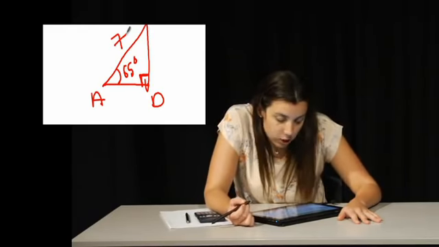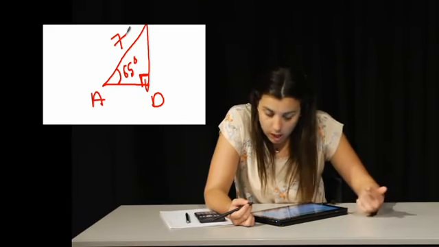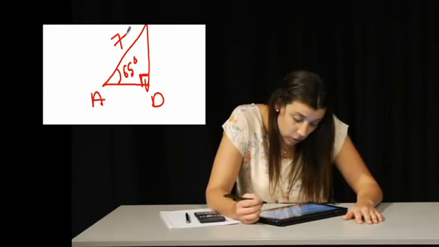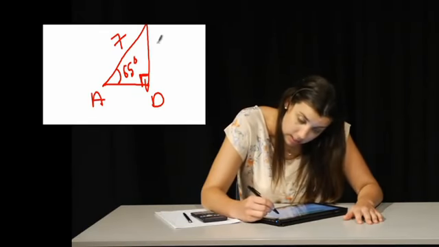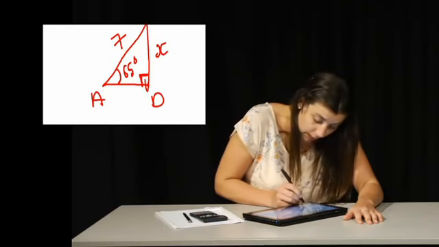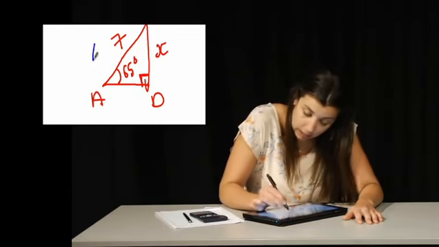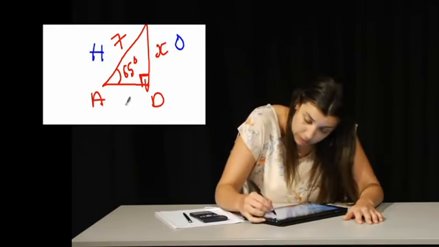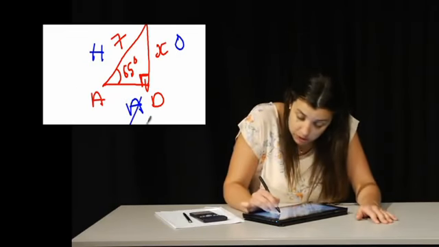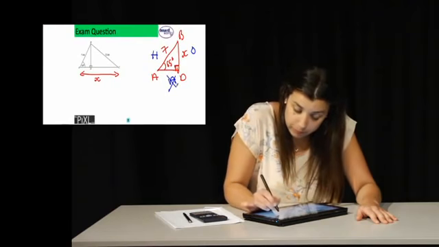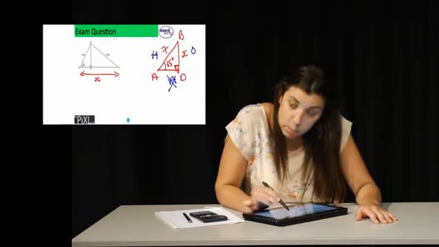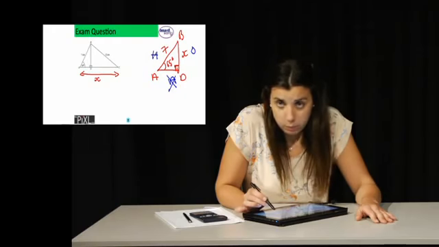Now with that piece of information, I've got an angle, I've got a side, I can find one of the other sides by using trigonometry. So I'm going to find this side to start with. I'm going to call that my x. Label up my triangle, same thing, hypotenuse, opposite, adjacent. Which one am I not using? I'm not using the adjacent. Cross that one off. I've then got my hypotenuse and my opposite.